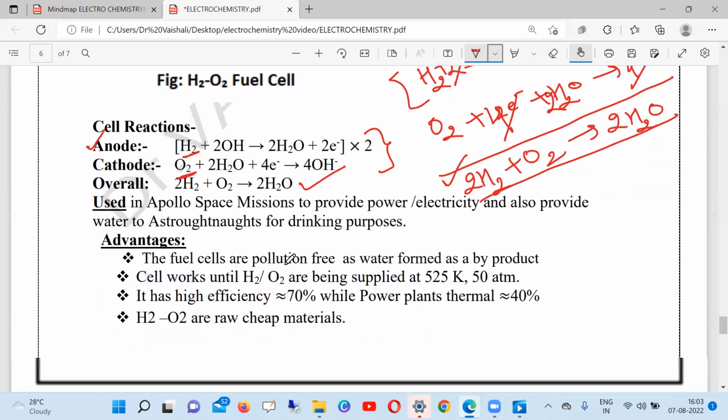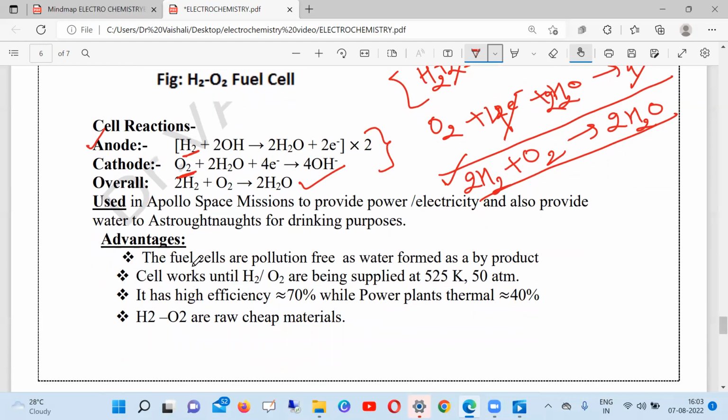Okay. Now, what are the advantages? Already I told, fuel cells are pollution free because water is formed as a byproduct. It's a very cheap raw material. Efficiency is very high. And the cell works at ordinary temperature and pressure. And where is the use of this hydrogen fuel cell?